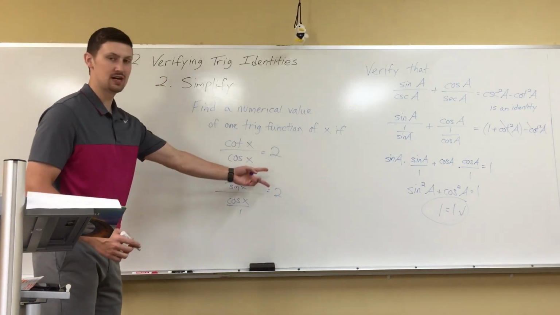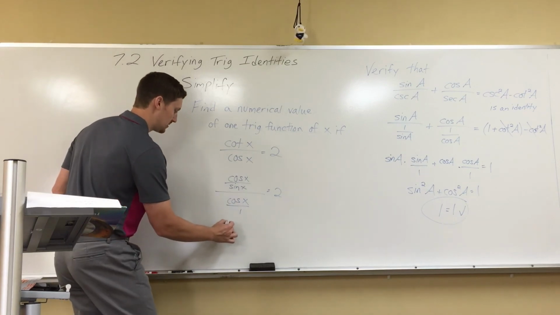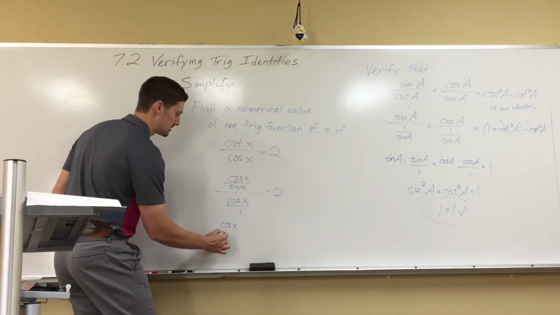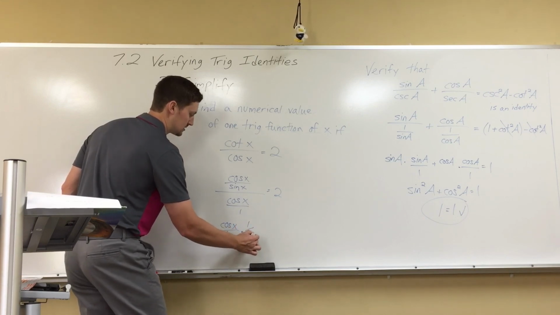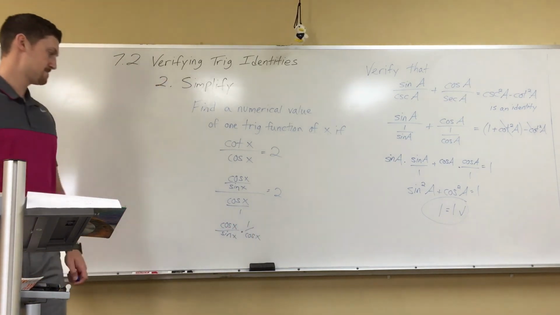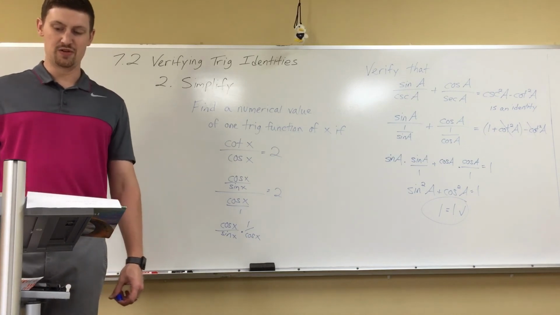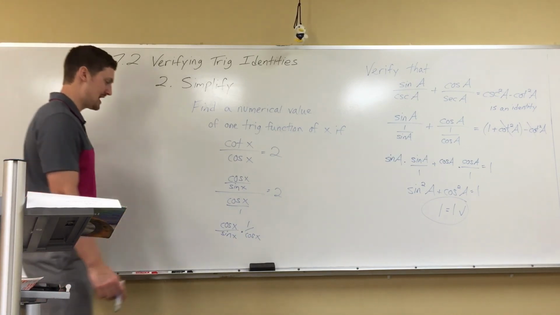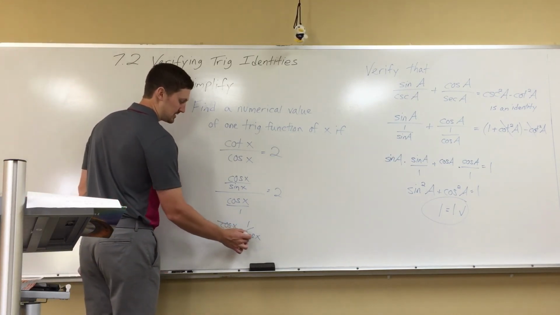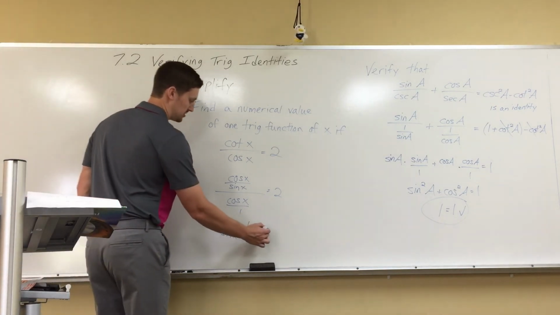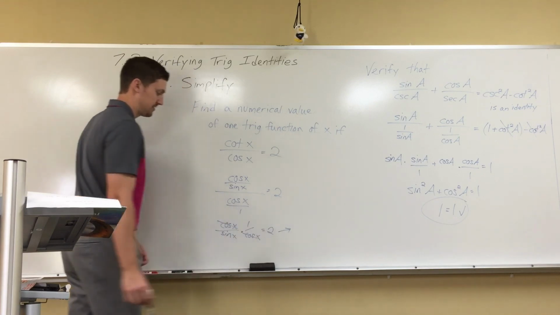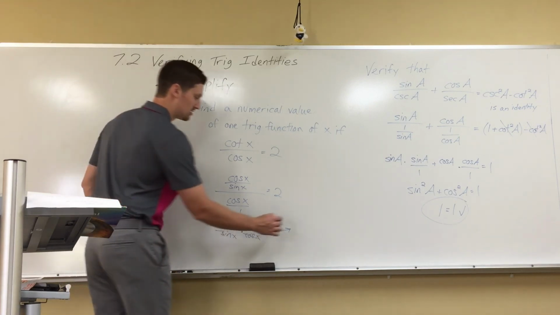So I'm going to flip and multiply. Here's my first one: cosine of x over sine of x times 1 over cosine of x. When you flip and multiply, look what happens. Cosines cancel. What are you left with? This all equals 2. So you're left with 1 over sine of x.